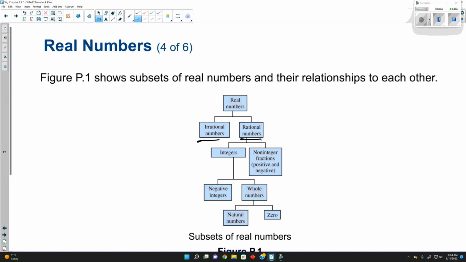Under rational numbers, we have integers and non-integers. So integers are just our positive and negative. The non-integers are going to be considered our decimal numbers. Under integers, we have negatives and whole numbers. And under whole, we have natural and 0. It's just ways that we can break down the numbers or think of them as separate groups.